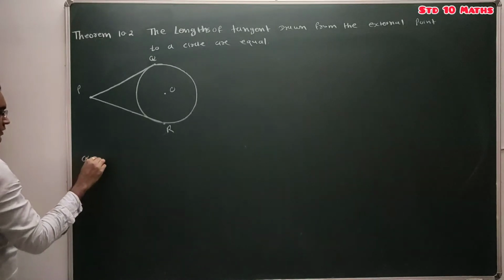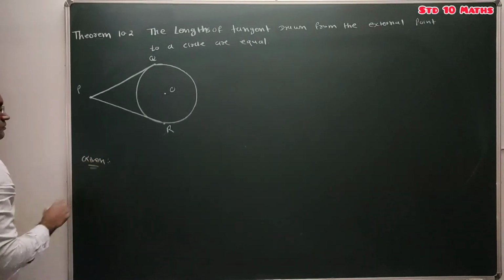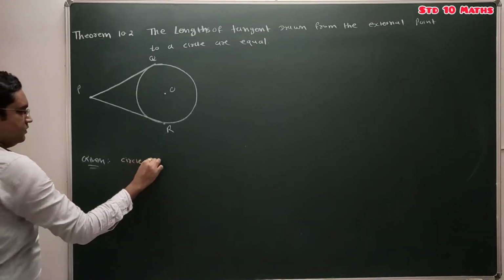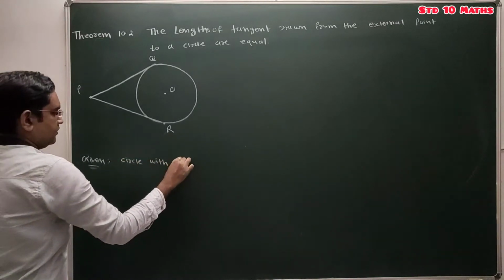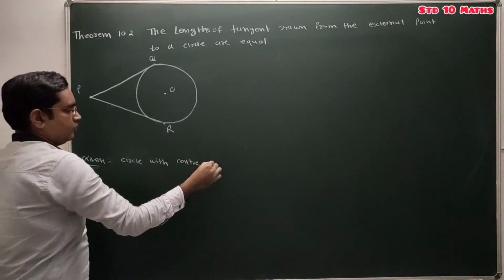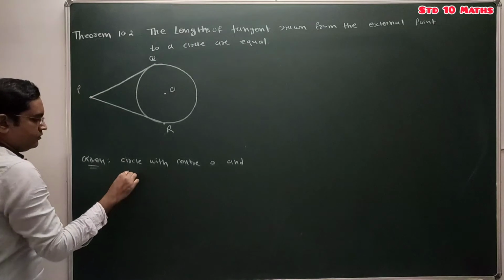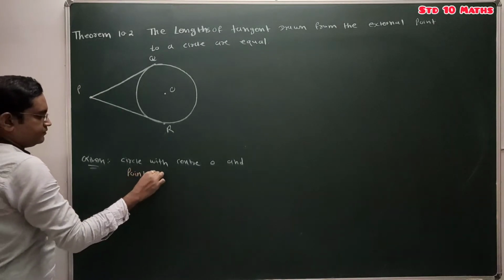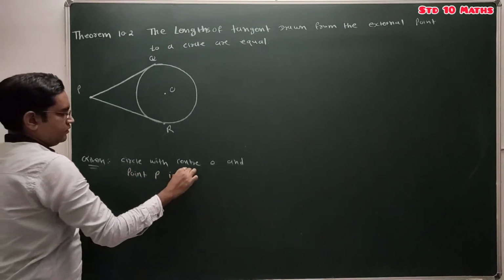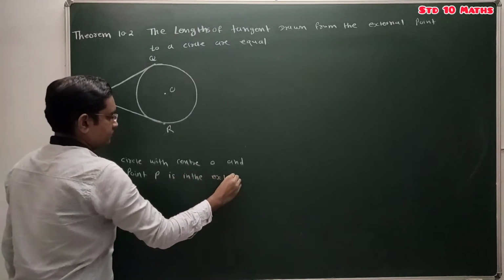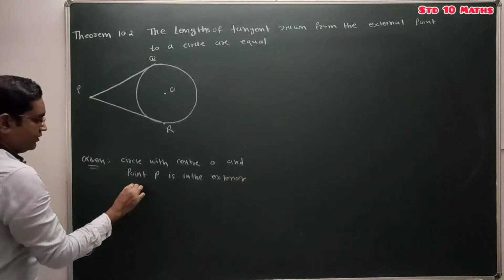First we write down the given. What are we given? A circle with center O, and a point P in the exterior of the circle.